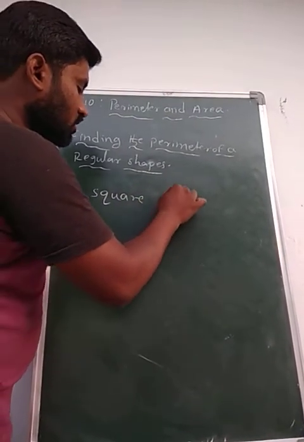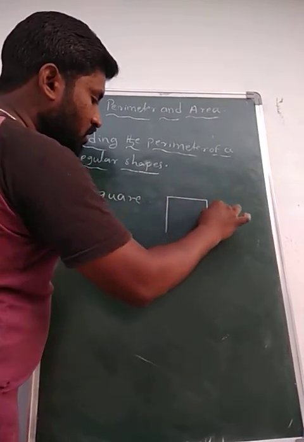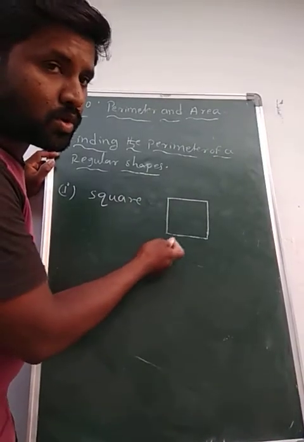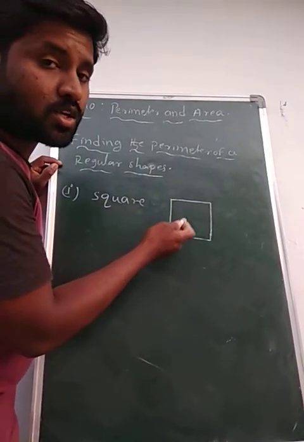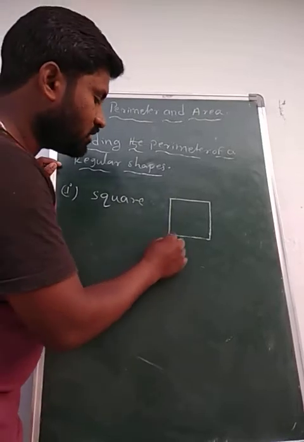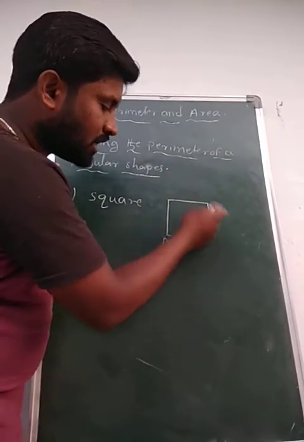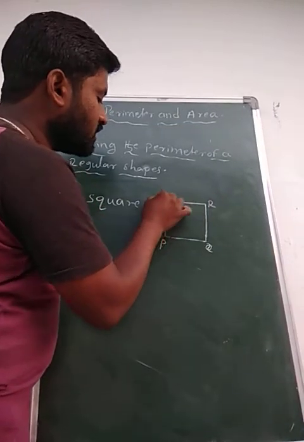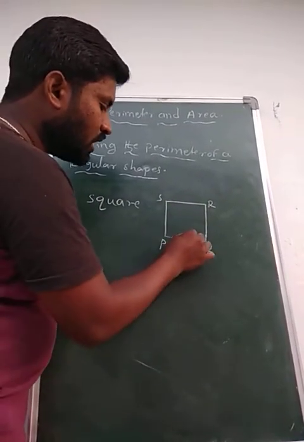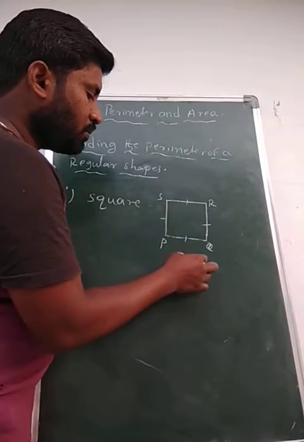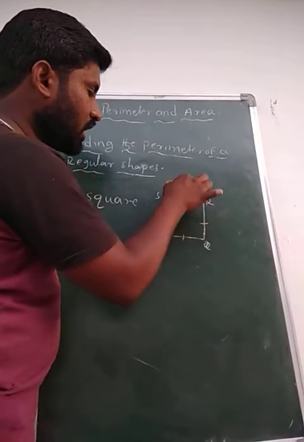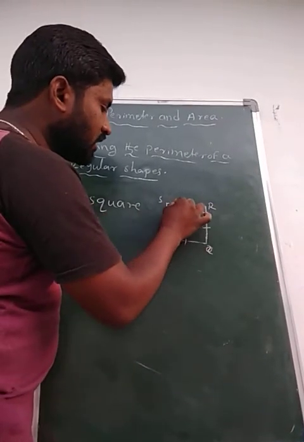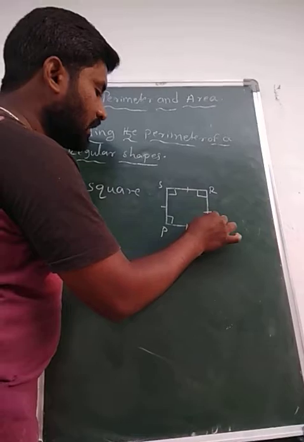We know, in geometry we discussed that a square is a regular polygon. Why? Because, see, I'm giving the name for this square: PQRS is a square. We know all sides are equal: PQ, QR, RS, SP. All sides are equal and each angle measures 90 degrees.